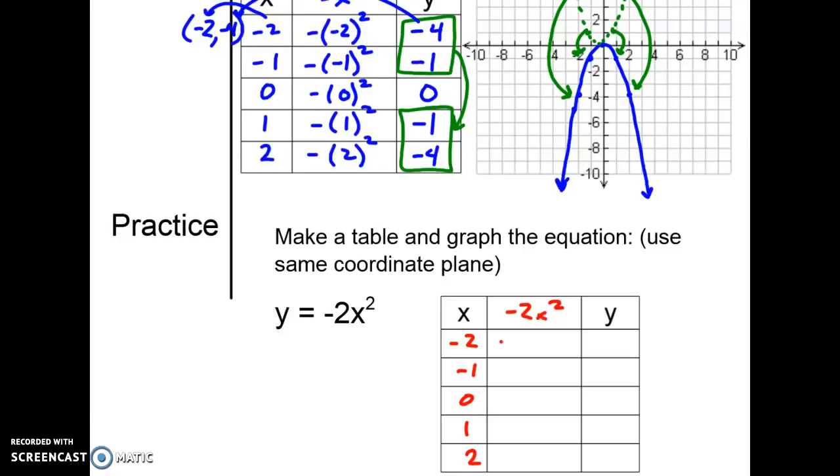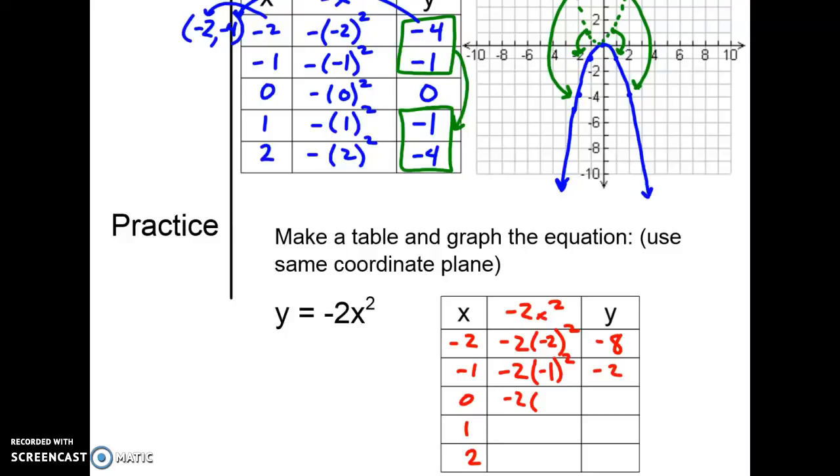Making sure our negatives are accounted for, -2 squared is 4, and 4 times -2 is -8. Then plugging in -1, -1 squared is 1 times -2, which is -2.